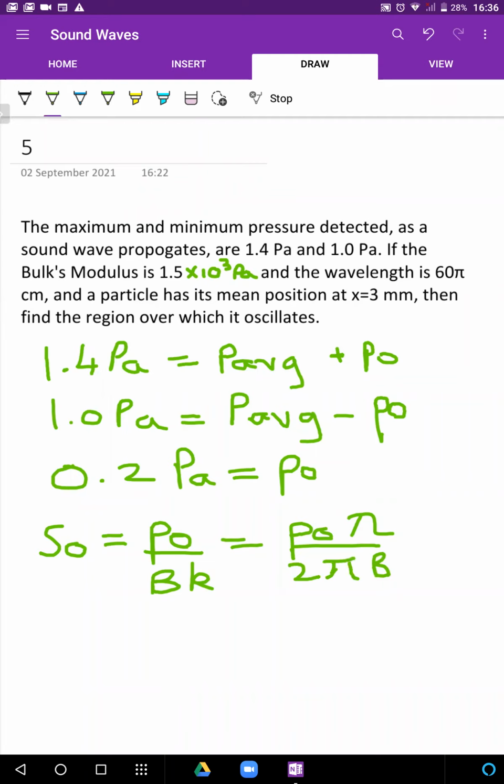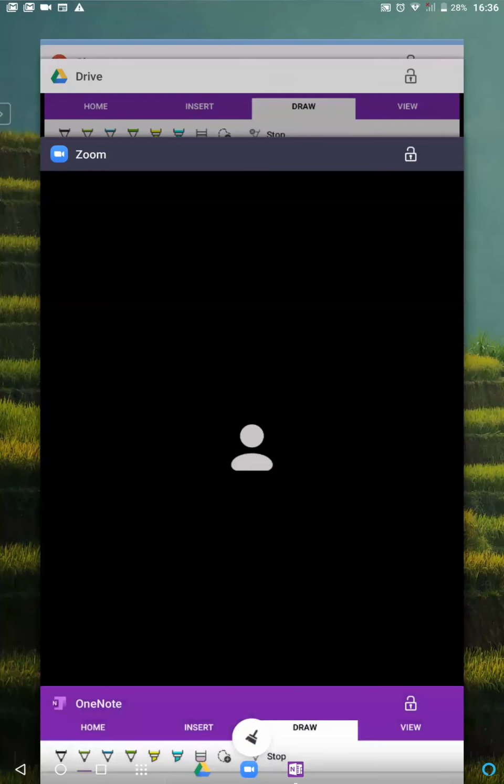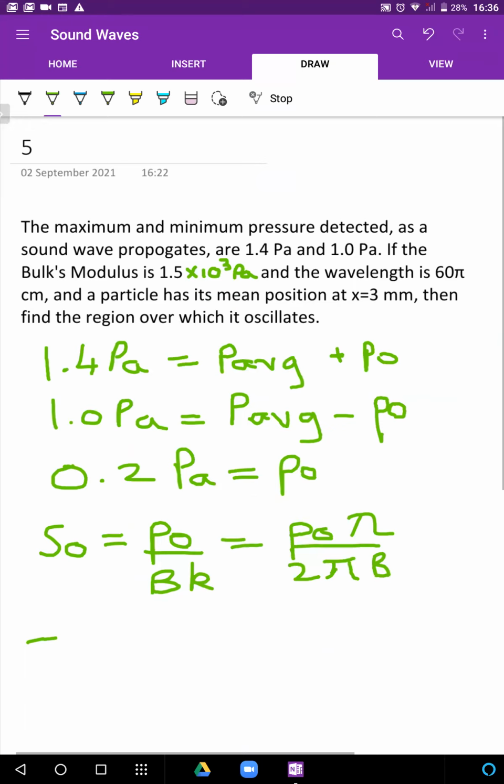Okay, P naught equals lambda by 2 pi B. And from here, substitute everything, you should get your answer. So P naught is 0.2. Lambda is 65 centimeters, so 0.6 into pi in SI units.